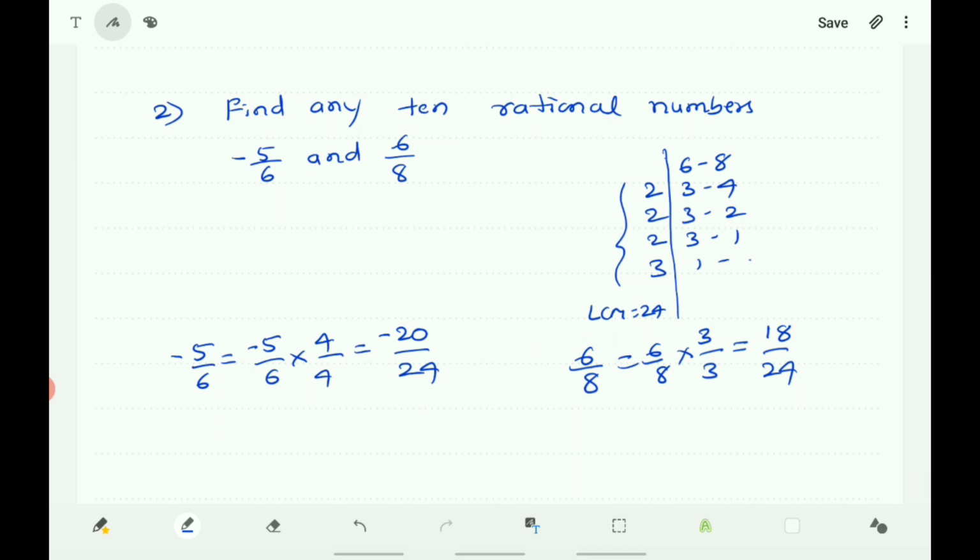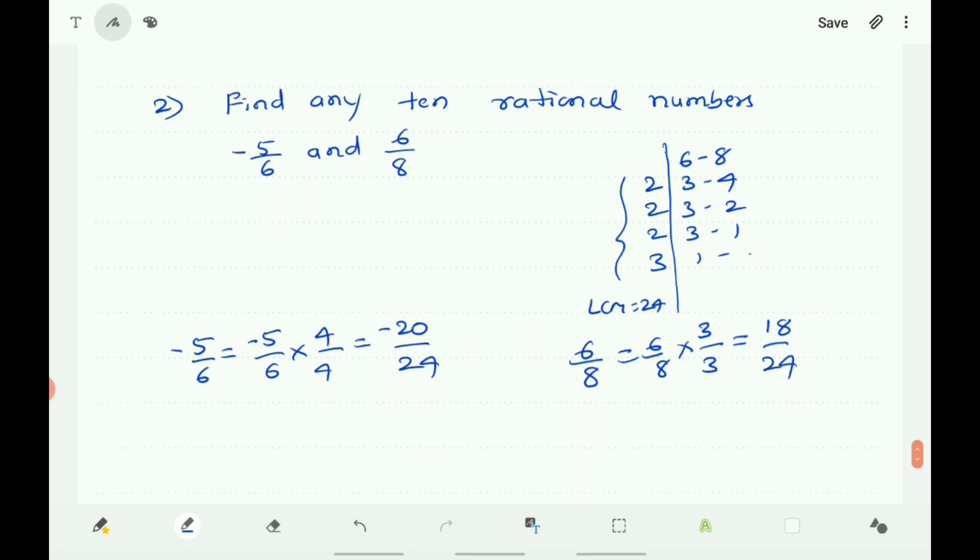Now here you must find 10 rational numbers, and by using this only you can get 10 rational numbers, because here it starts from minus 19 by 24 to 18 by 24. But as usual method you can multiply it by, 10 rational numbers means 11 also.